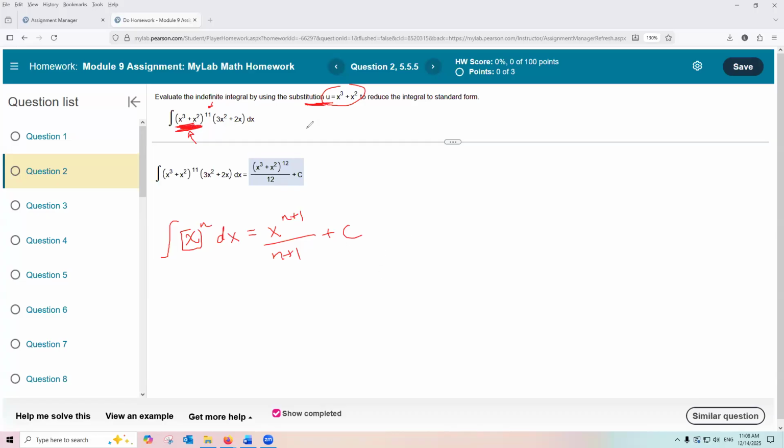Because our goal here is to take this messy integral and make it look like the integral of U to the n du. Because if we can do that, it will be transformed into this power rule format, and we can write this as U to the n plus 1 over n plus 1 plus a constant. So we want to get U to be the quantity being raised to the exponent.